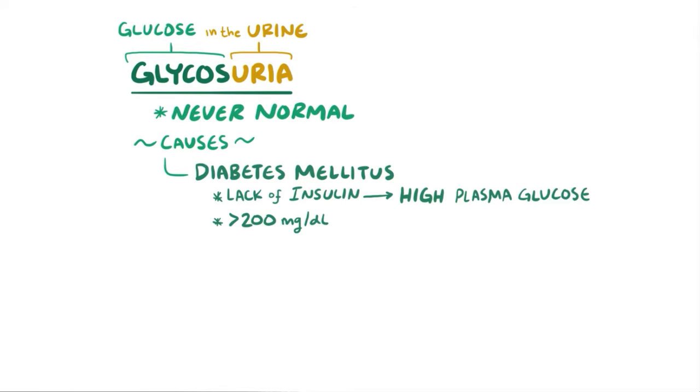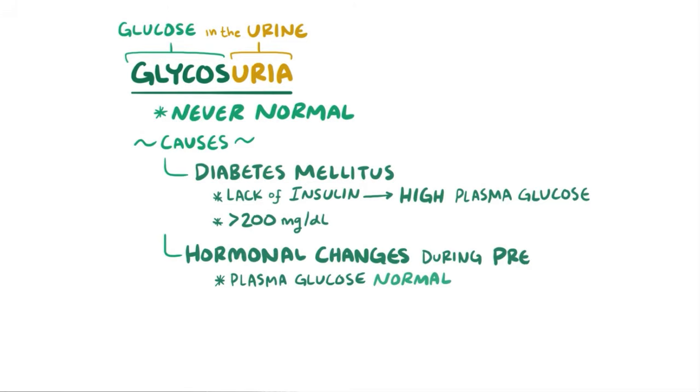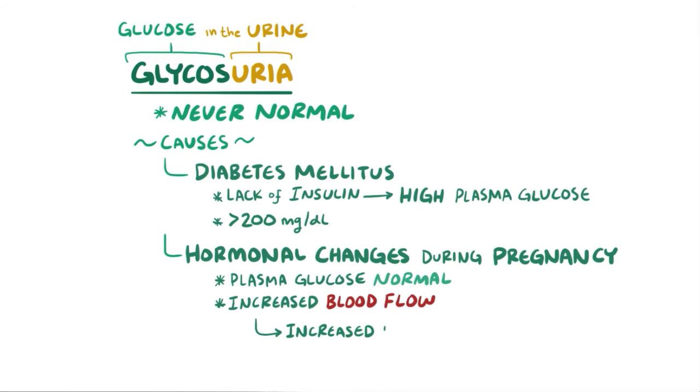On the flip side, sometimes the plasma glucose concentration is totally normal, but glycosuria still happens. One example of this is hormonal changes during pregnancy, which lead to increased blood flow to the kidneys. The increased blood flow means that more glucose gets filtered than usual, and that might be enough to go above the reabsorption threshold.